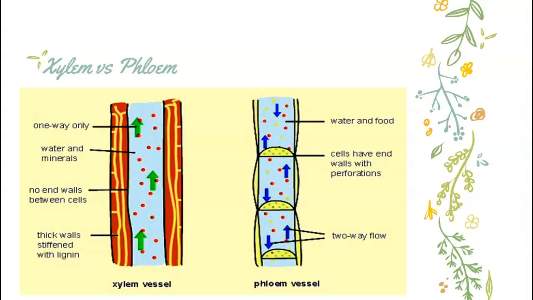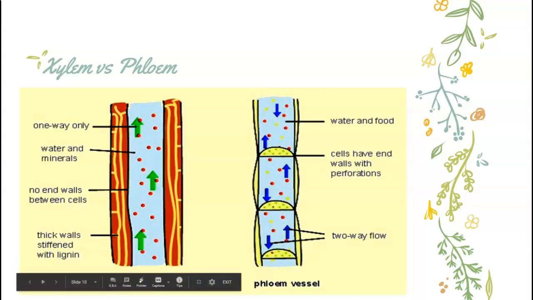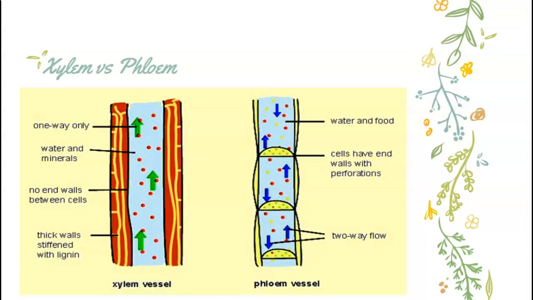On the other side you have phloem. You see that it's a two-way transport, right? Arrows pointing up and down. The end point of your cells here, that's a sieve plate, so you can see the green dots there, and that just means that there are tiny openings which allow the sap to flow.